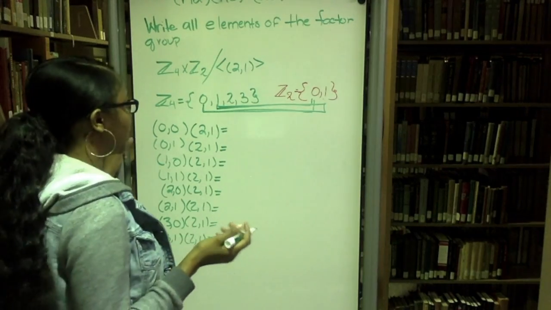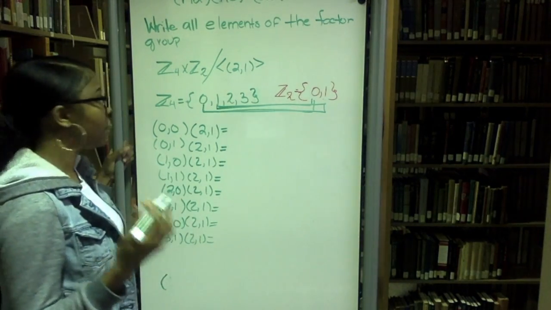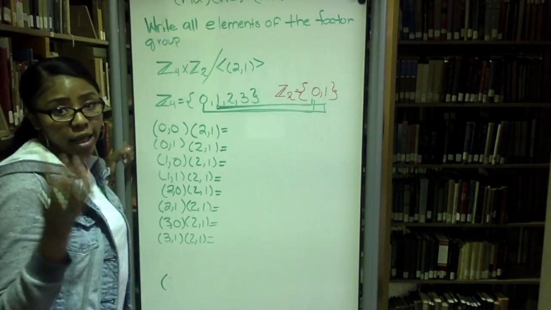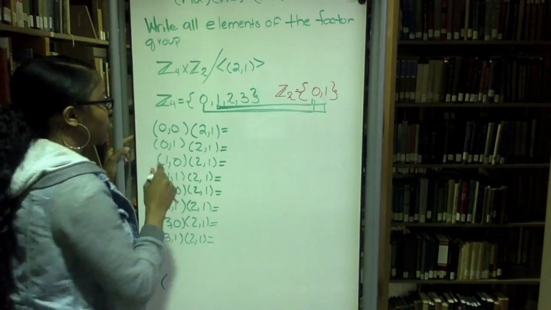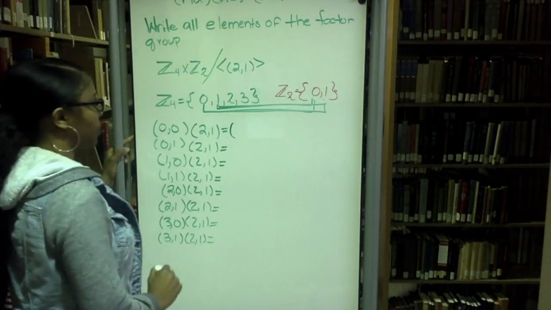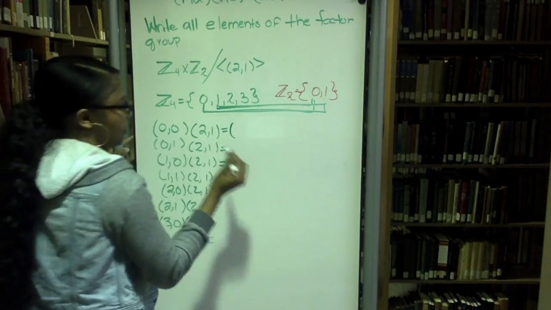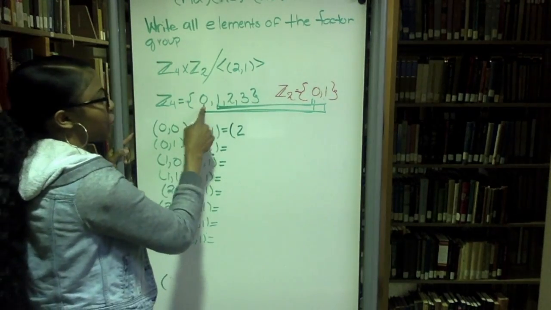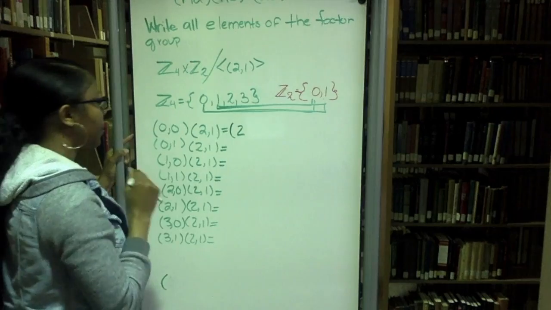Our first operation is addition, but we have to keep in mind that we're doing addition modulo 4 in Z4. Our first one is 0 plus 2, which gives us 2. That's fine because we're within 0 and 3 for Z4.